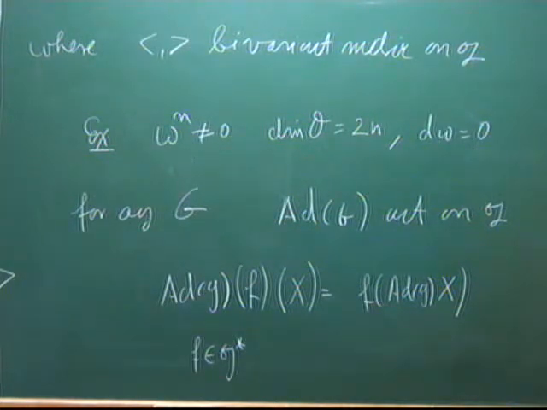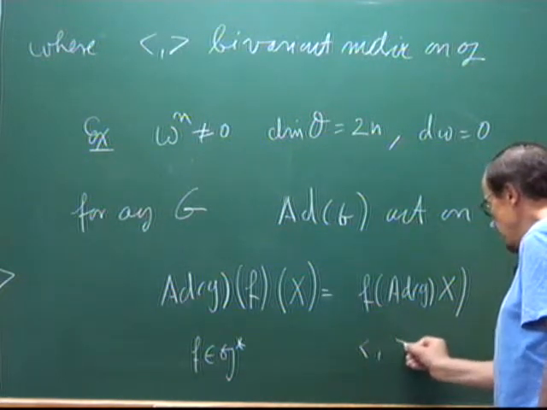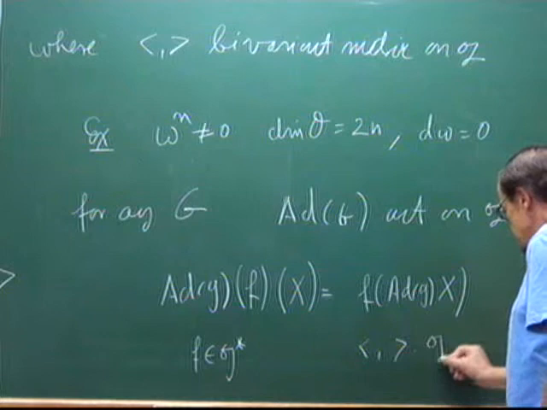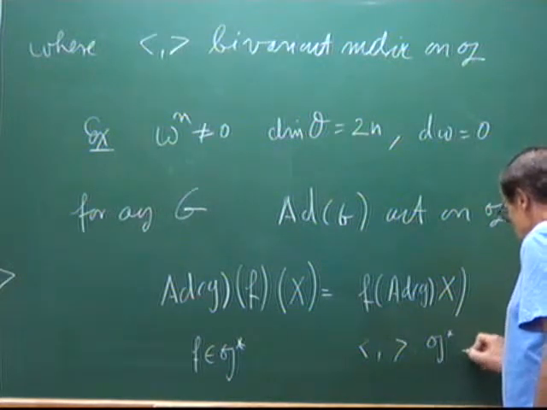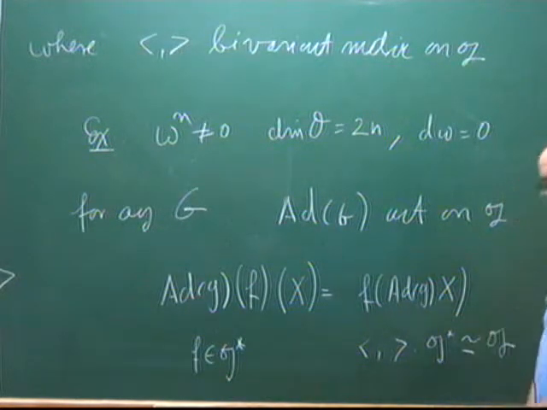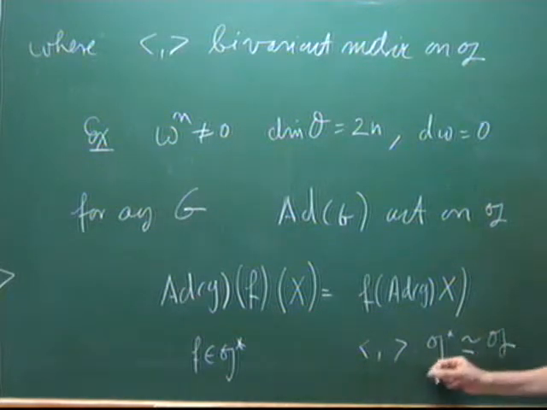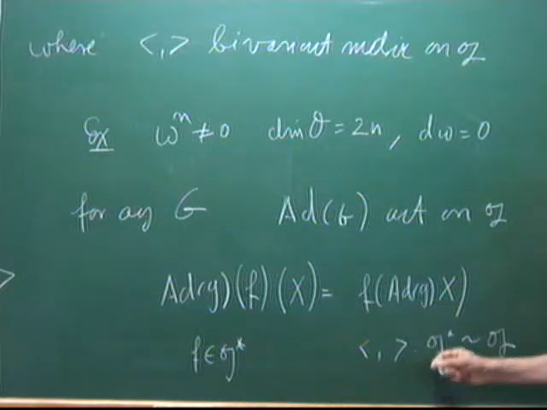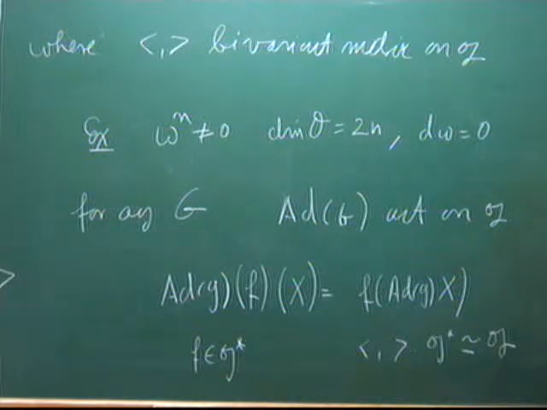Of course, in our situation, it's not really any different because we can use the inner product to define an isomorphism from g star to g. And since Ad G acts by isometries on the inner product, this is an equivariant isomorphism. So the action here and the action here is the same thing. So for compact Lie groups, there's no advantage of looking at the dual of the Lie algebra.